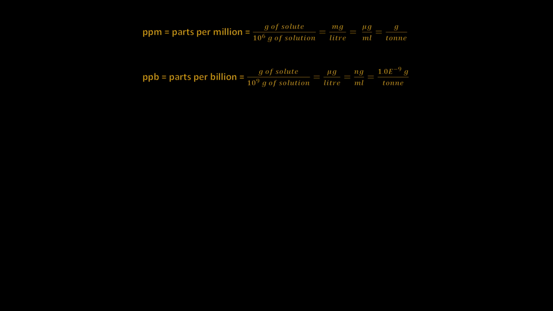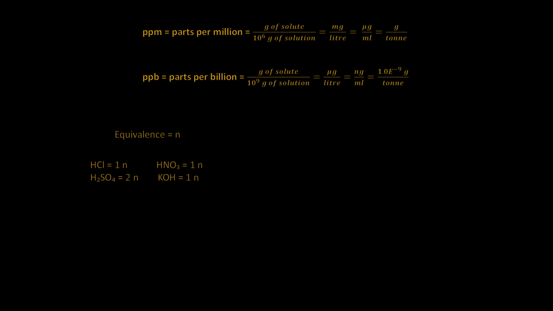Normality is different. It is based on the number of equivalences, which is based on the number of hydrogen atoms or hydroxide ions that can be donated or released during a reaction. For example, hydrochloric acid has 1 hydrogen atom. The number of equivalences, therefore, is 1. Same with nitric acid.